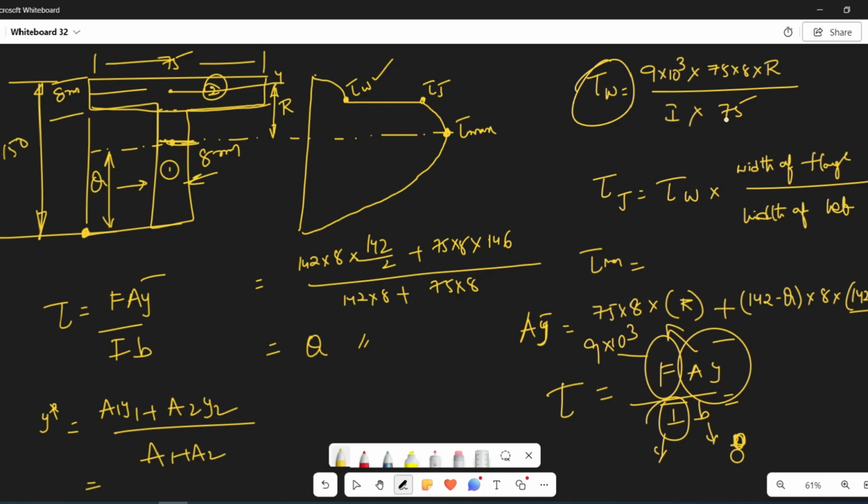That's why I gave 75 there, and here at the bottom the width is 8. That width has to be given, and you will get tau max. Tau max will be slightly above tau j. Okay, so if this is like 15, then tau max will be around 16 or 17 or something.